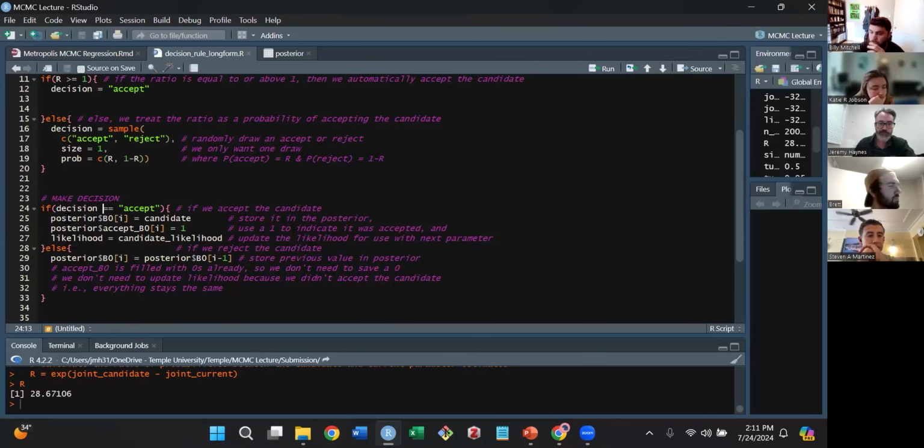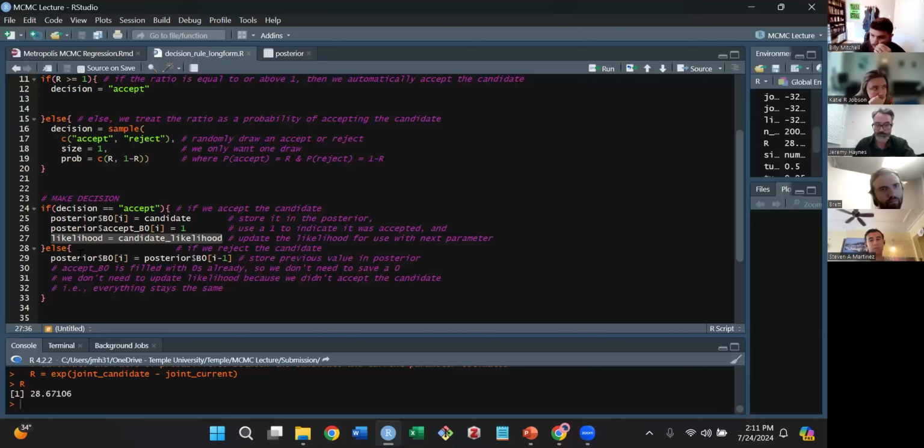If our decision is to accept, then the next value in our posterior is going to be the candidate. We're going to specify that we accepted that candidate value, so accept underscore beta not equals 1. And then we're also going to update our likelihood with the candidate value because it was accepted.